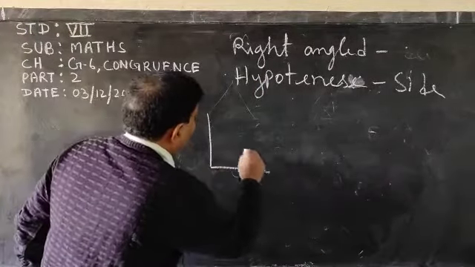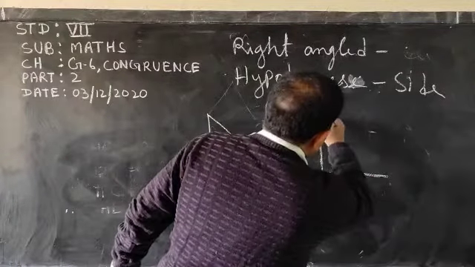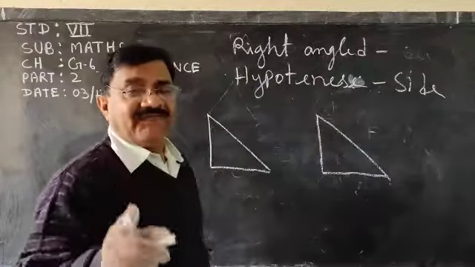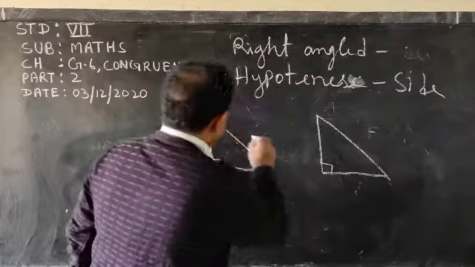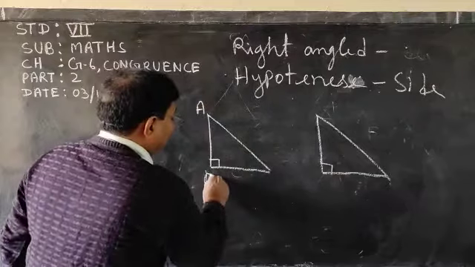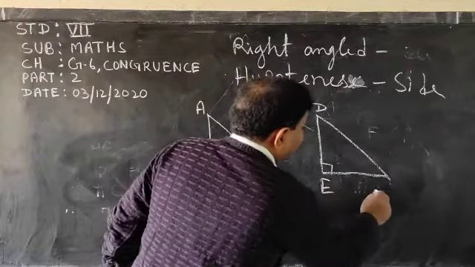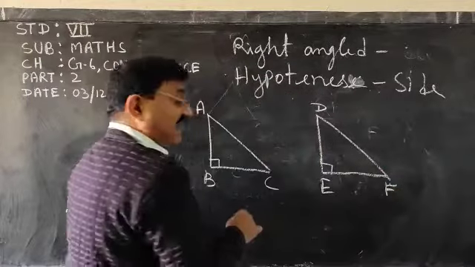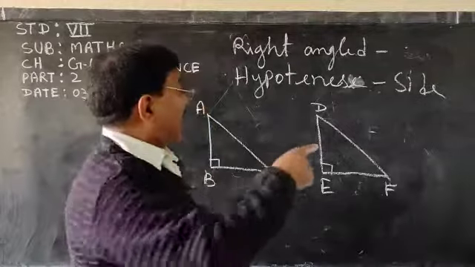Let me show two right triangles. Right angle triangle, you know, if one angle is 90 degrees, then the triangle is right angled. A, B, C. Let me write D, E, F. The two triangles must be right angled, means one angle must be 90 degrees.